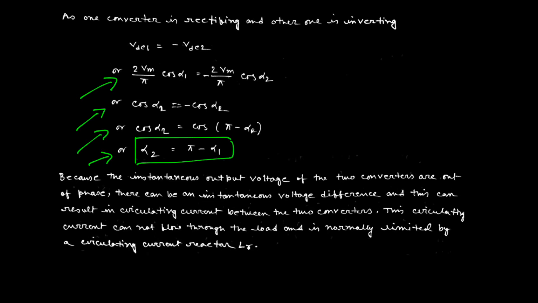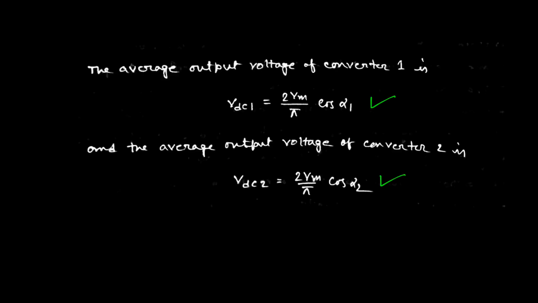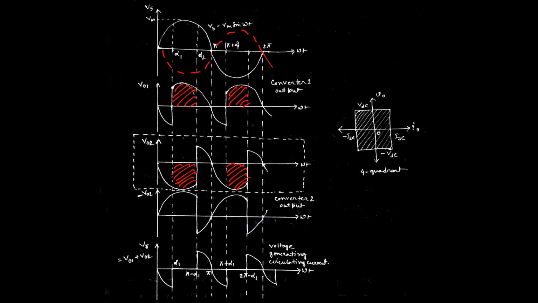Okay, now what is the value of the circulating current? That can be limited by the current limiting reactor, that is LR by 2 and LR by 2. Actually, the circulating current is produced by the presence of the instantaneous voltage difference. That can be taken from this waveform.